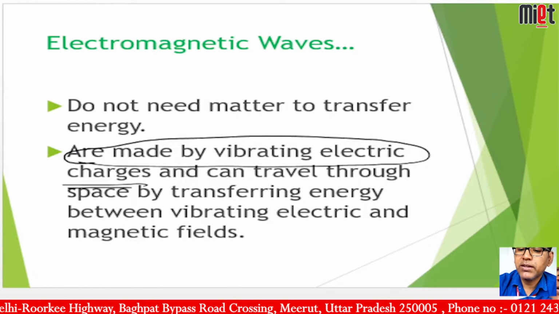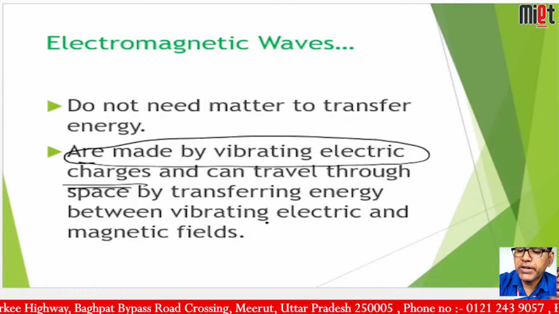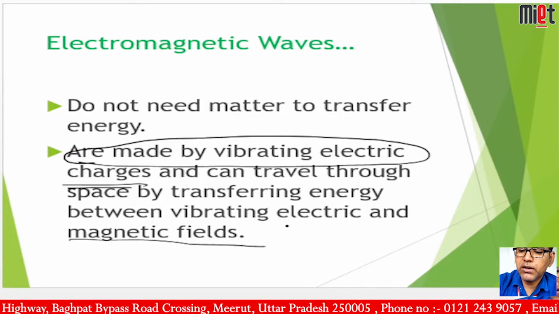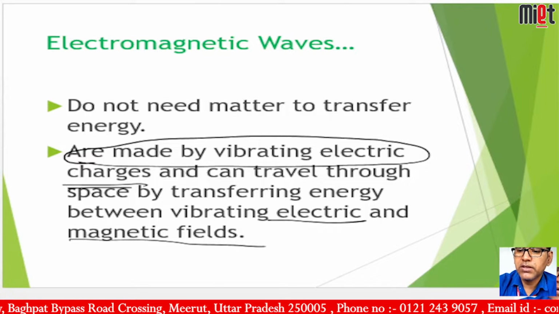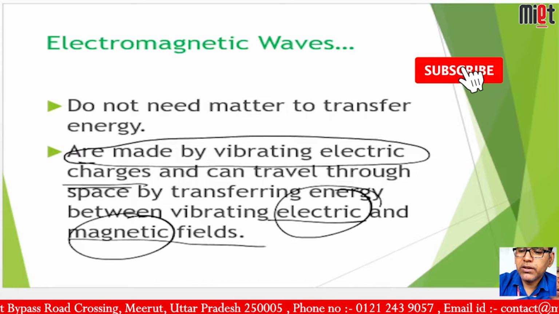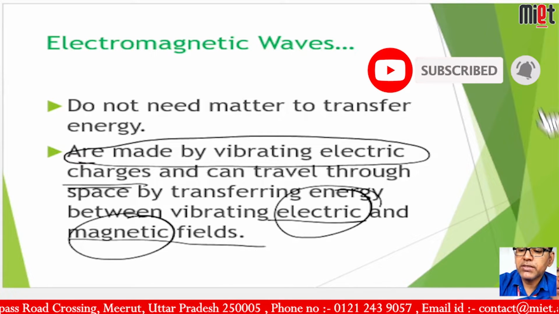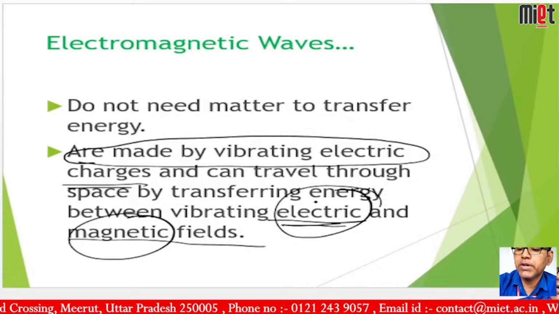One more thing is that it can travel through space by transferring energy between vibrating electric and magnetic fields. A moving charge produces electric field as well as magnetic field. But when its speed varies, the electric field will be changing, because the speed of the electron is varying.